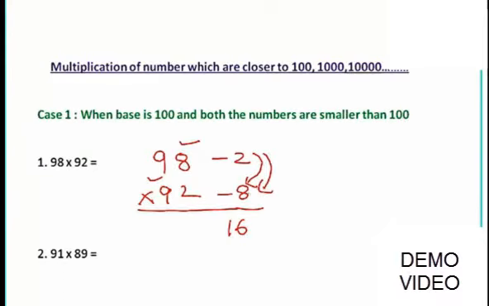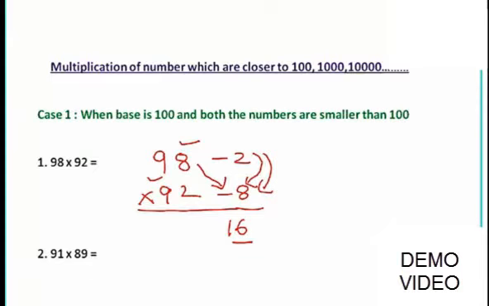If we are getting one digit only, then we have to put a 0 before that. And if we are getting more than 2 digits, the hundreds digit will be carried over to the next calculation. But in this case we are getting just 2 digits, so we just write them as it is.